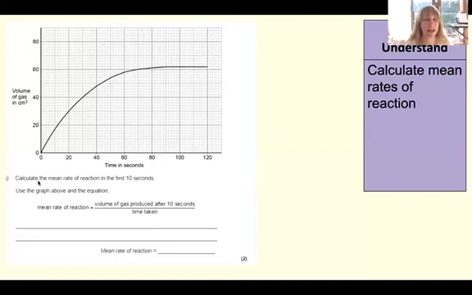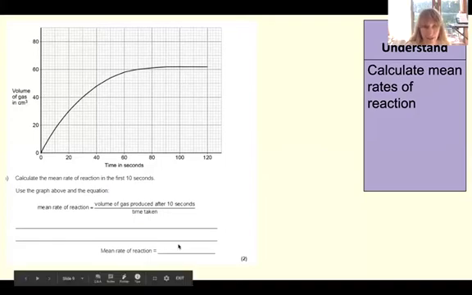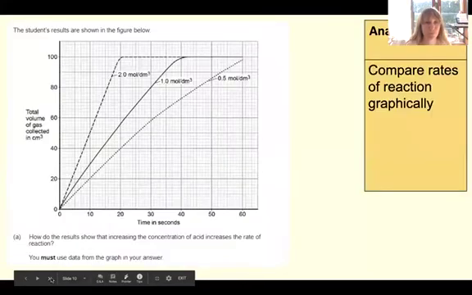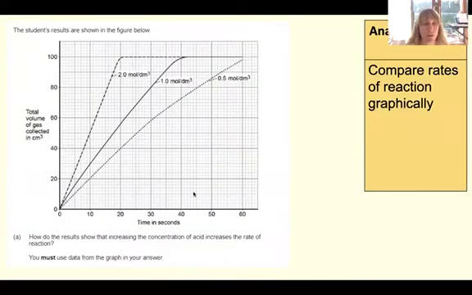This one is calculate the mean rate of reaction in the first 10 seconds. So we go to 10 seconds, we work out how far up it has gone using my scale, and then how far along, which I can see here is 10 seconds, and I divide the two values to get my mean rate of reaction.